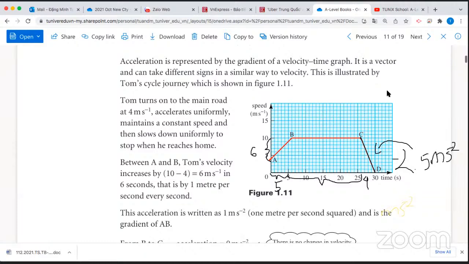Okay, you got it? Fine, and then we move on to the next one. If you understand the graph well, it is easy to follow the next step.